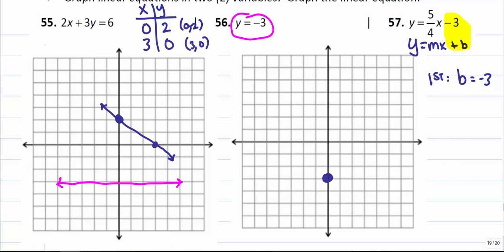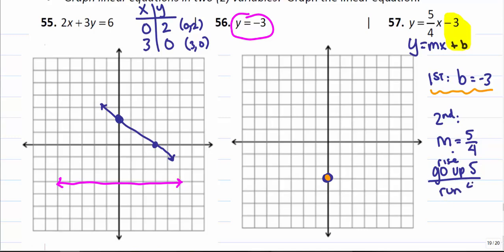That means I'm going to put a dot right here where b is negative 3. Then the second thing I'm going to notice is m was positive 5/4. So from that point I just plotted, I'm going to go up 5. So I'm going to rise 5, and then I'm going to go right, or run, 4.